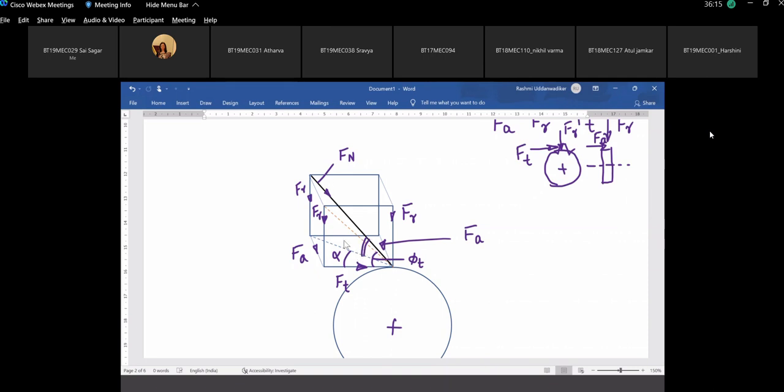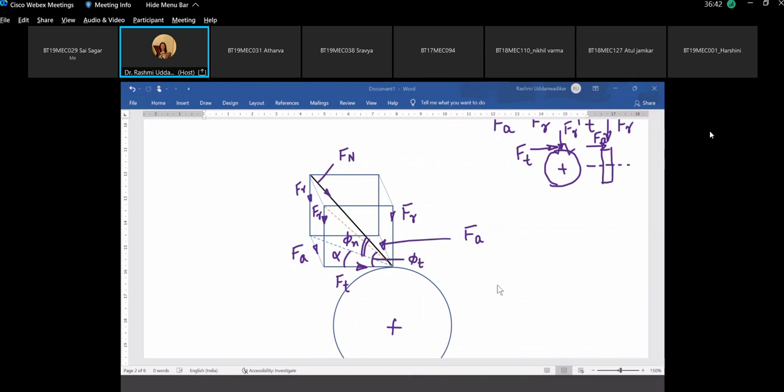So the resultant of Fa and Ft, this blue dotted line, and Fr, the resultant of these three forces is Fn, which is making an angle phi n. Perfect. So this angle is phi n.